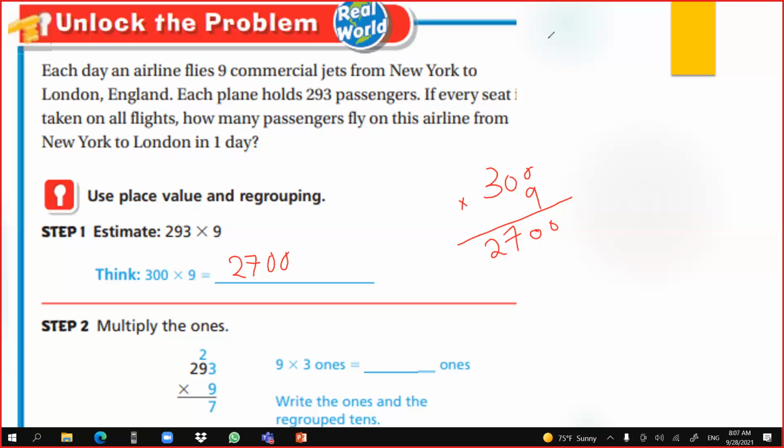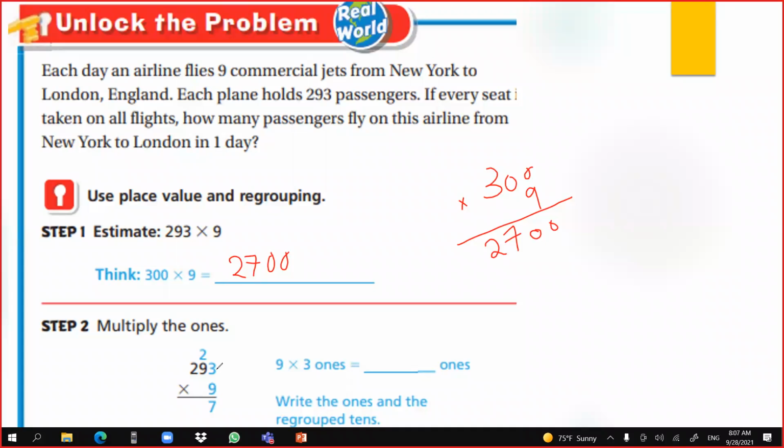Let's start multiplying 293 by 9. First of all, you have to write them under each other. Up, you write 293, and down, you write the number 9. Then you have to multiply 9 by the ones.